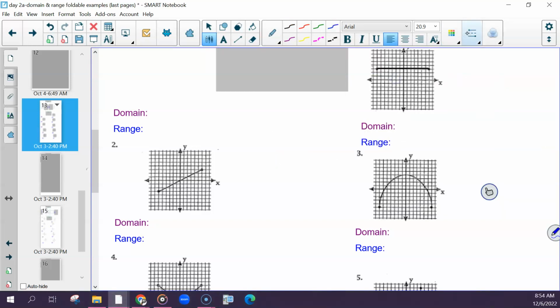So write domain and range, and then you're going to start off with curly brackets. They always start off with curly brackets. If it's domain, we're talking about the x value, so we're going to write x. And then we're going to write just this straight line. It means, like in proofs and things like that, x such that. And we're going to put the furthest point to the left, which we found was -4.